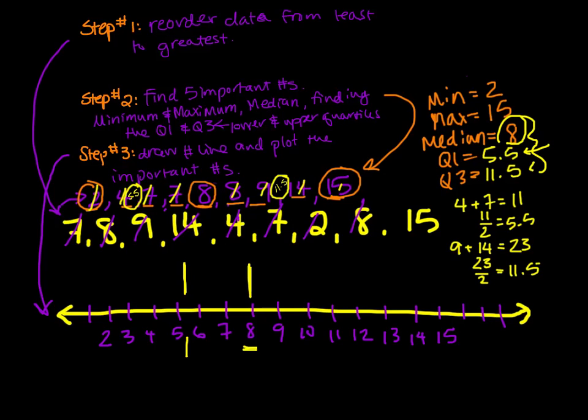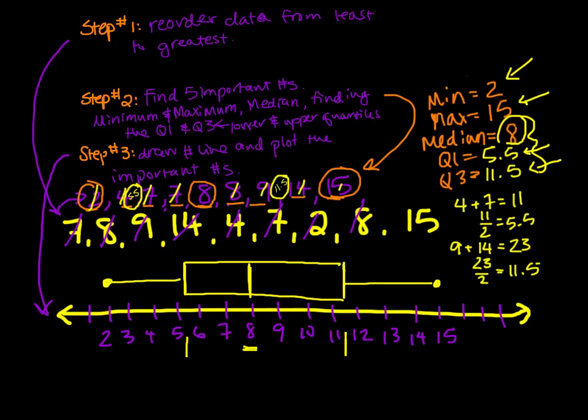And 11.5, I'm going to do one last thing where it's going to be right here, so a vertical line in between those. So I have my 3 inside points. This is essentially 50% of the data right here, and I'm just going to make a box, hence box and whisker. The last 2 points are 2, so I'm going to do a 2 here, and we have 15. So 15 is about right here, and here are my whiskers.